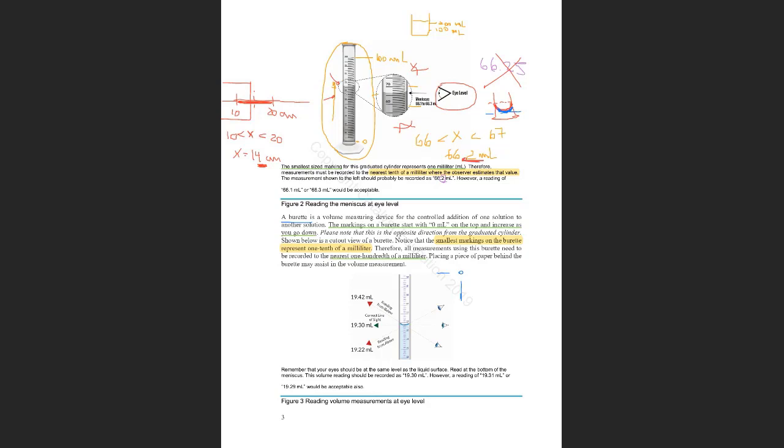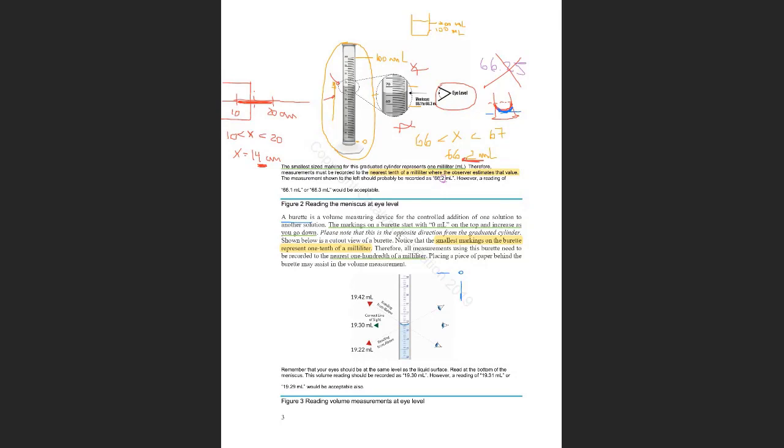And then let's look at if we measure with a burette, is it going to be more accurate than a graduated cylinder or less accurate? Well, if we can report our measurement with a higher amount of sig figs, our measurement is more accurate.